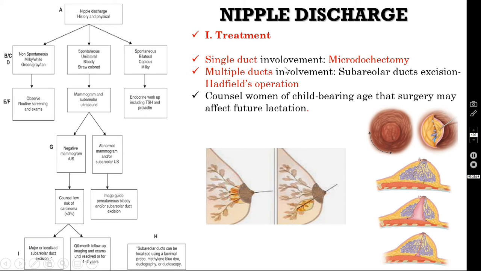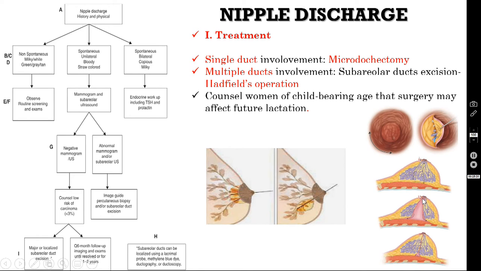If it is involving multiple ducts, then you have to make a periareolar incision, and you have to elevate this areolar skin flap. Below that, you can see all these ducts. Many ducts you will see, but you have to excise a cone of tissue.